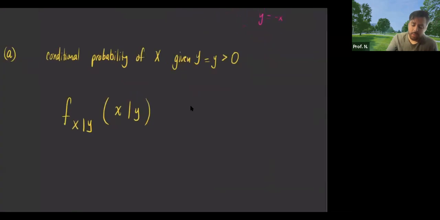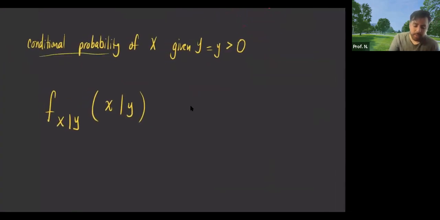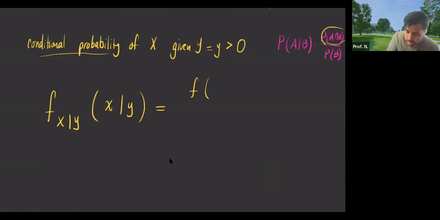Now, conditional probability works the same way as the probability of A given B is equal to the probability of A and B over the probability of B. We're just applying this now. The joint probability of X and Y is like the probability of A and B, so this is the joint probability above.